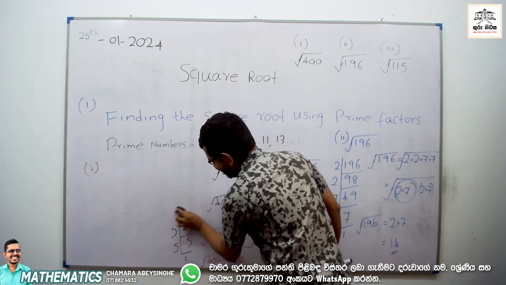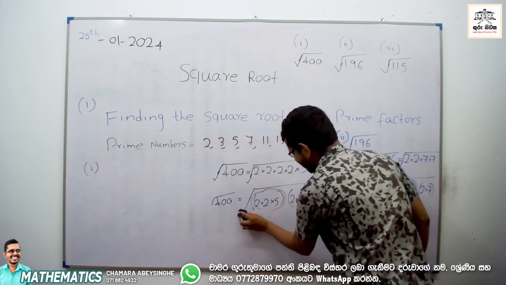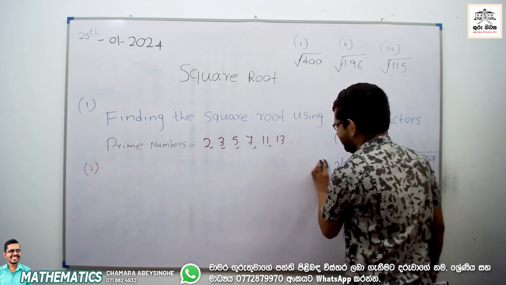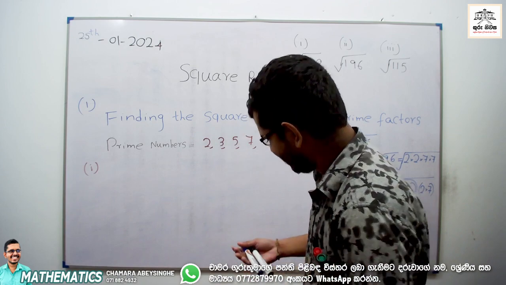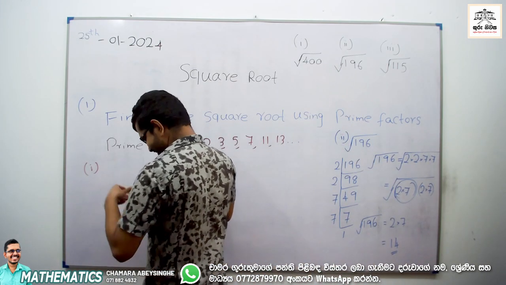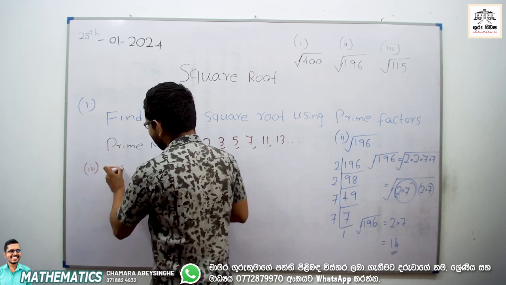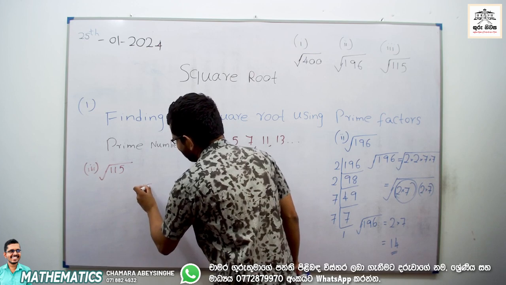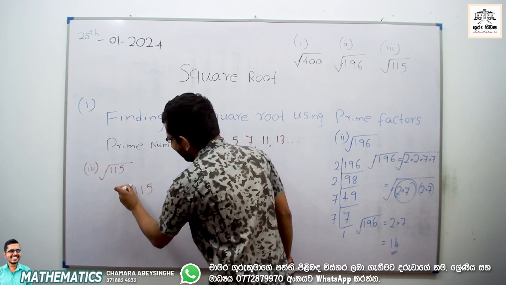Okay, let's see our third one. Square root 115. What is the prime number, student?